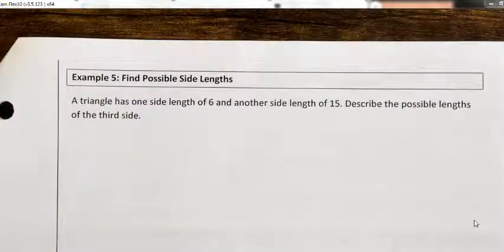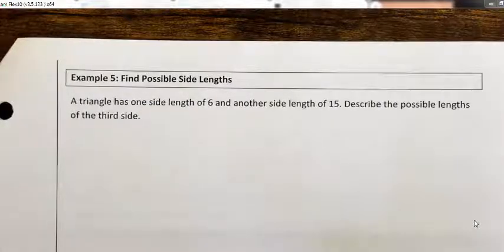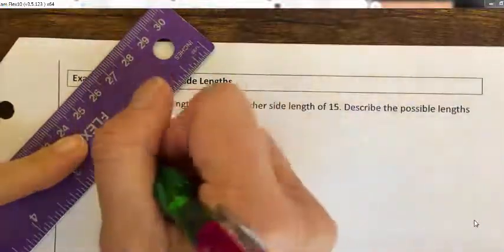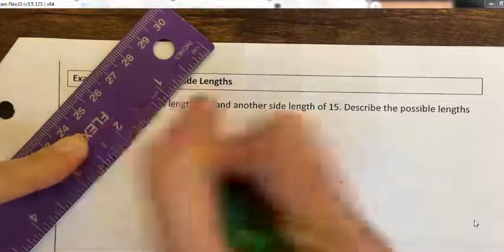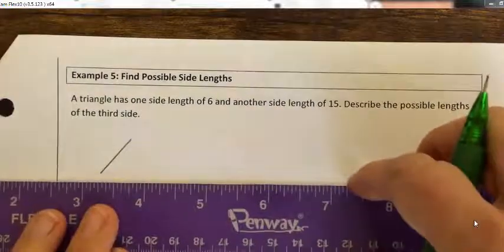All right, we're going to find some possible side lengths. So a triangle has one side length of 6 and another side length of 15. Describe the possible lengths of a third side. So I'm going to draw a couple triangles here. They're going to be the same, so I'm going to try and draw them exactly the same.